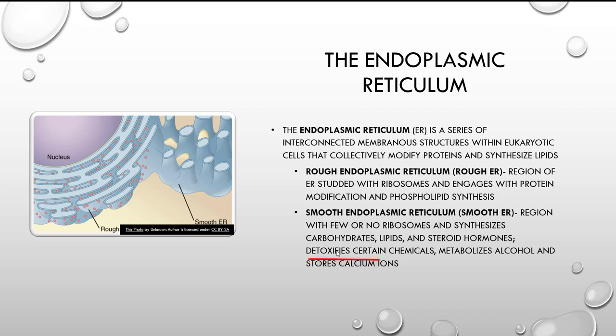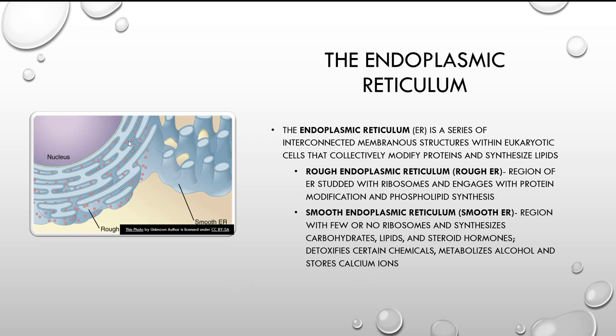They can also serve other purposes besides making things. So they can detoxify certain chemicals. So they can also metabolize alcohol, and they can store calcium ions. Okay, so there's a number of different functions of our endoplasmic reticulum. So they can manufacture a number of different molecules, as well as the smooth ER can help remove toxins and store calcium.